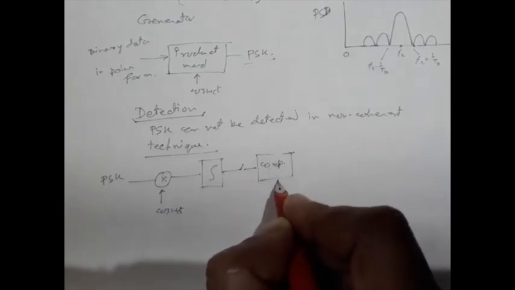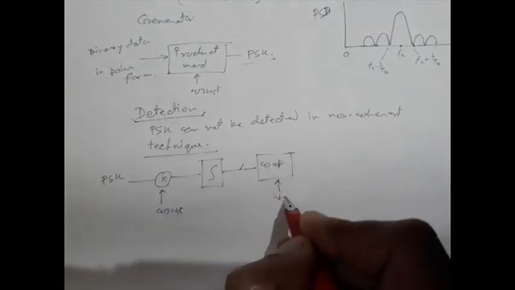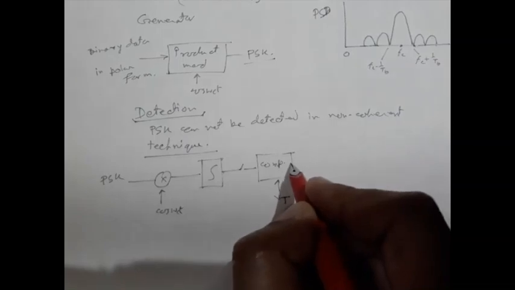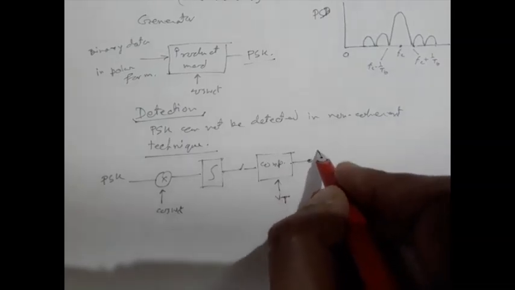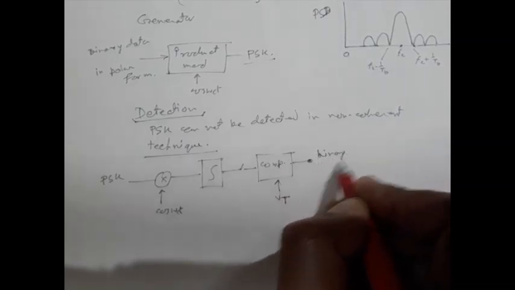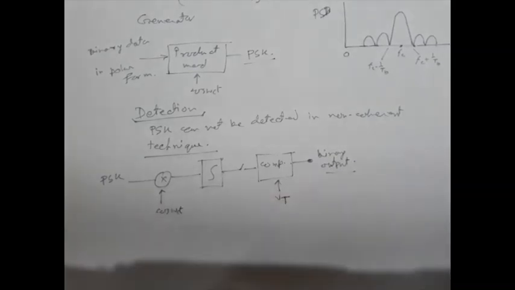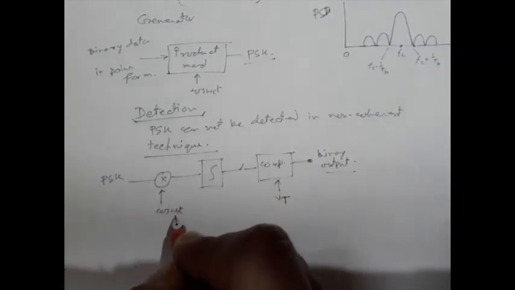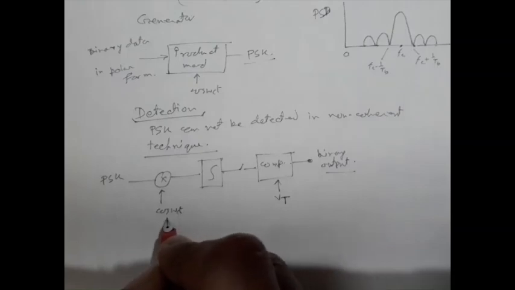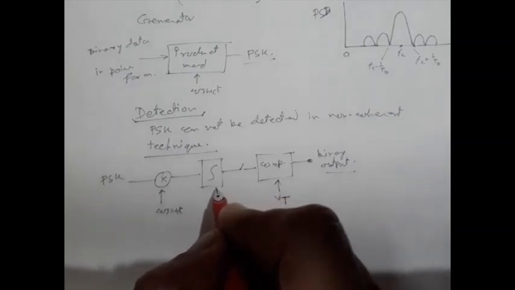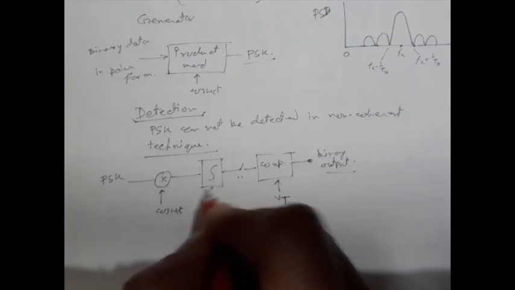The comparator will compare with the threshold voltage and we will get the binary output. So here we need phase synchronization for the carrier and bit synchronization for these two.